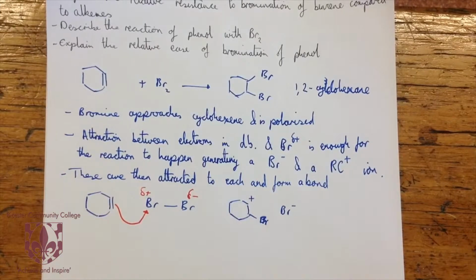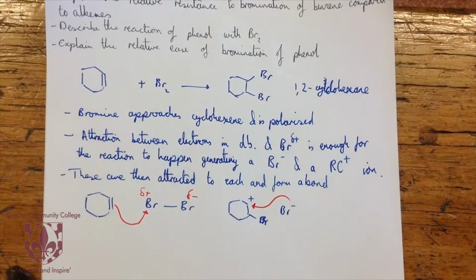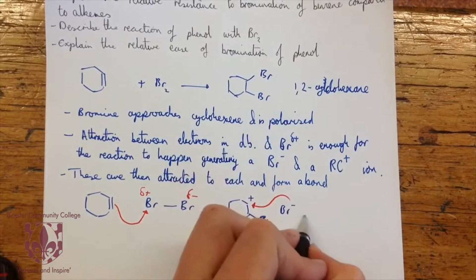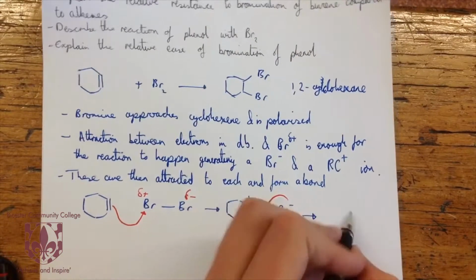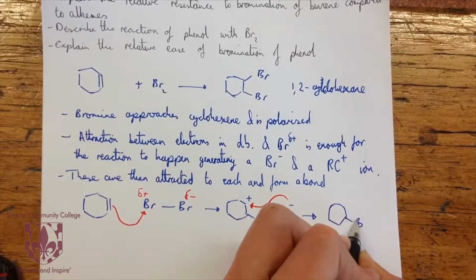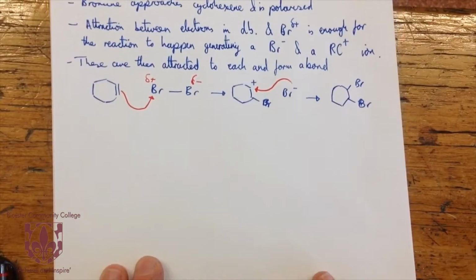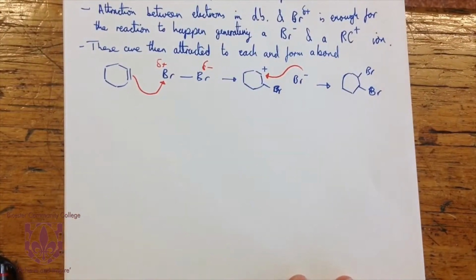This is plus. Bromine then forms a bond, and we generate, sorry, I should put some arrows in there, our 1,2-dibromocyclohexane. Okay, nice and simple, easy enough.